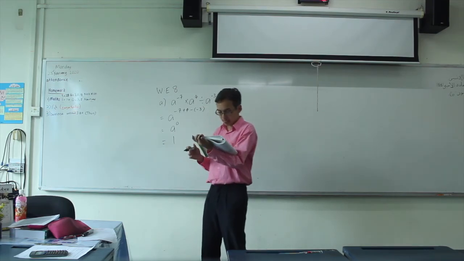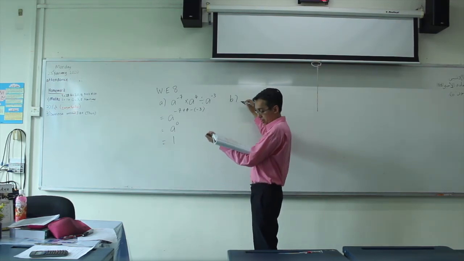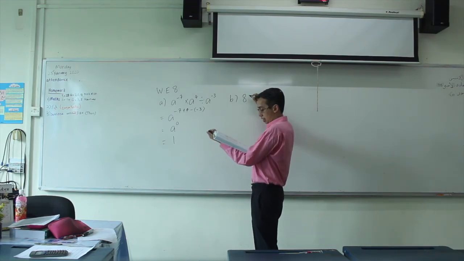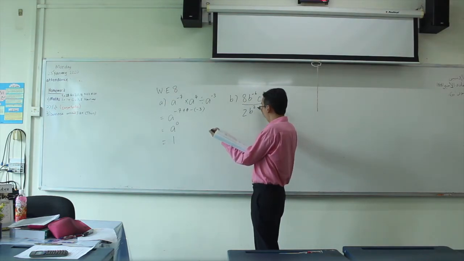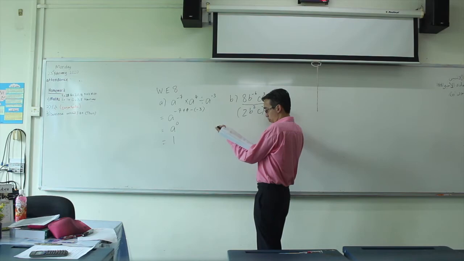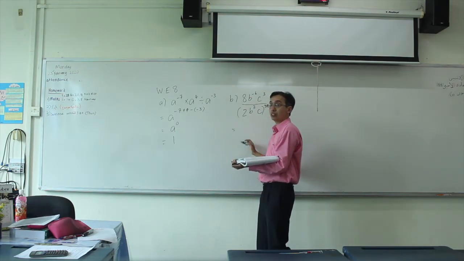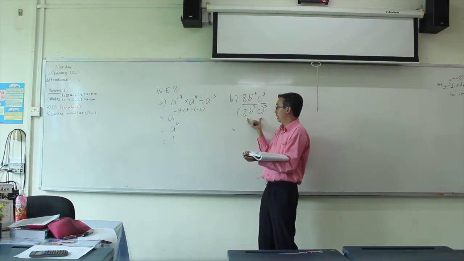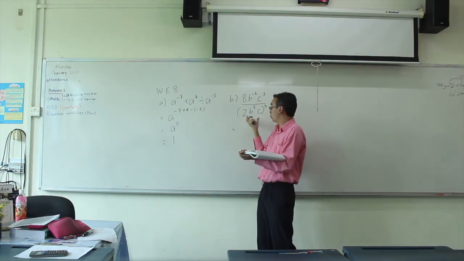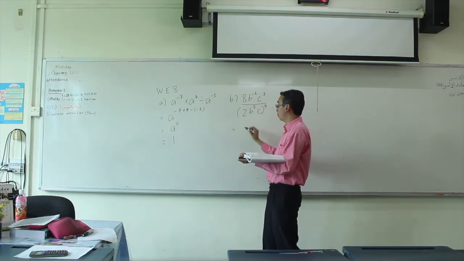Let's look at B. For B is 8 b to the power of minus 6 c cubed over 2 b squared c cubed. Let's do slowly whatever we can do. Down here it's still in the bracket and cubed, so we have to do something to it. We have to expand it before we deal with anything else.